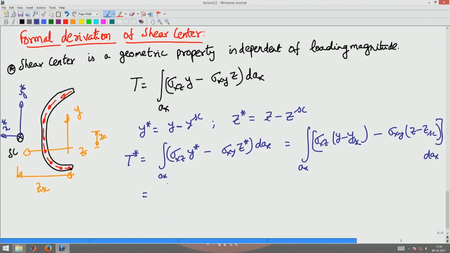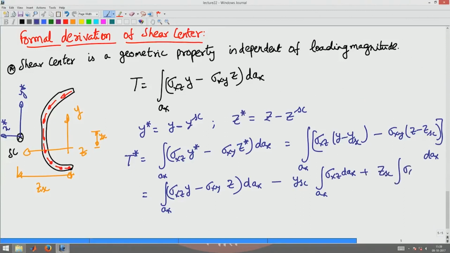This I can rewrite as integral sigma xz y minus sigma xy z dAx, minus ysc integral sigma xz dAx plus zsc integral sigma xy dAx.